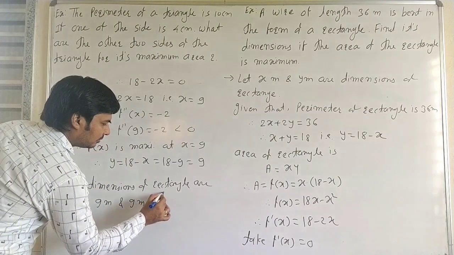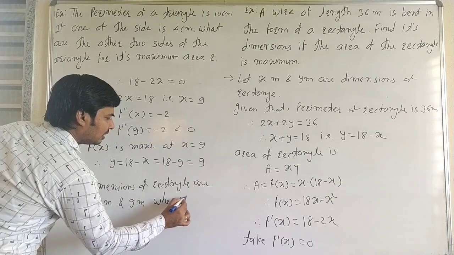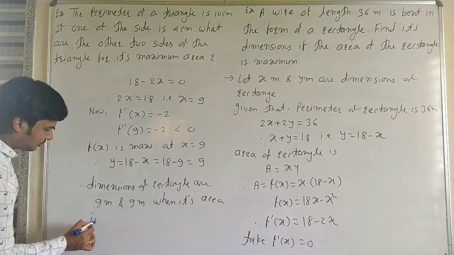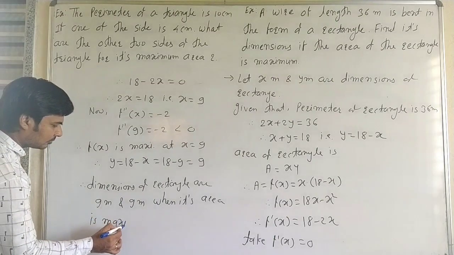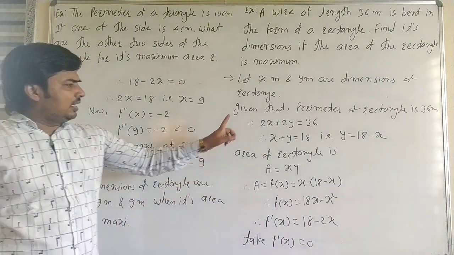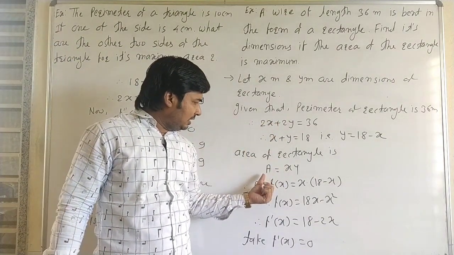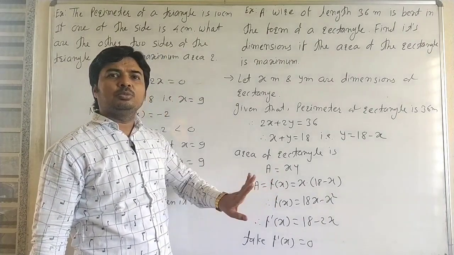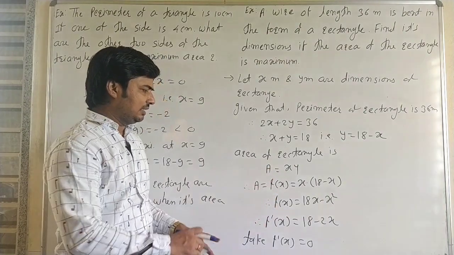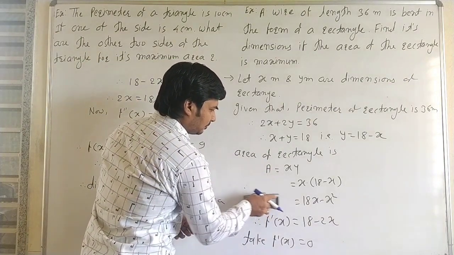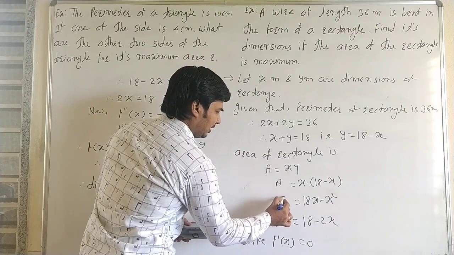Okay, when its area is maximum, then dimensions of this. Here the area of the rectangle is x into y. We wrote A in the form of f of x, but even if you do not write this conversion to f of x, it is fine. Here simply A is the area.